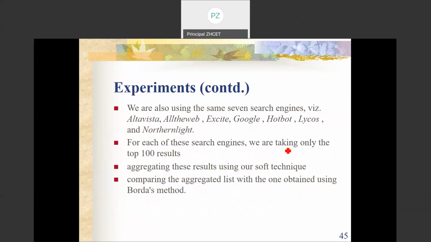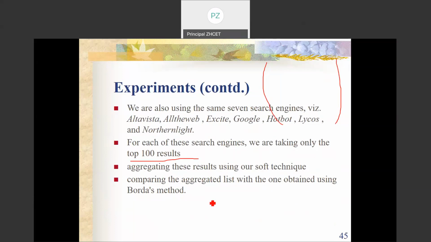For each of these search engines, we are taking only the top 100 results, which means our matrix would be 100 by 100. Aggregating these results using the soft techniques that we have seen: Borda's method, Shimura technique, Dubois and Prade, then membership function ordering, mean by variance, and improved Shimura technique.